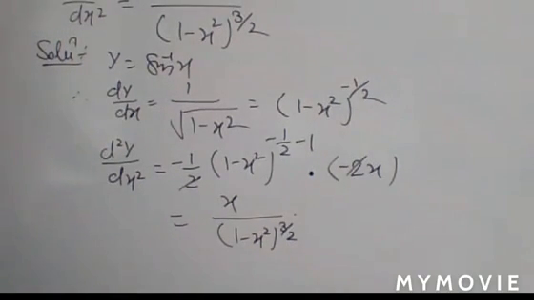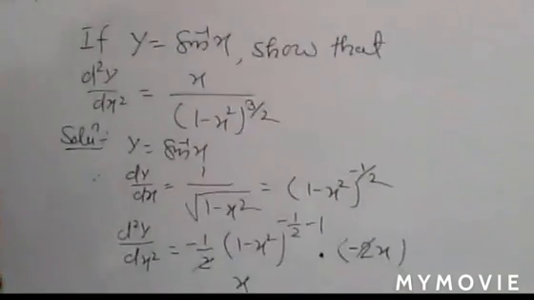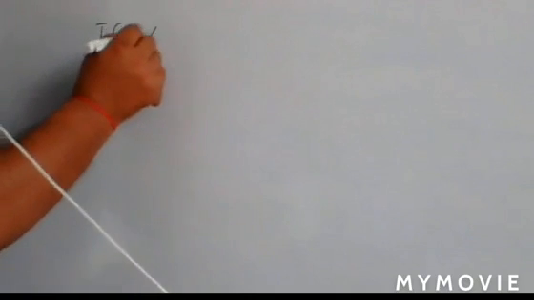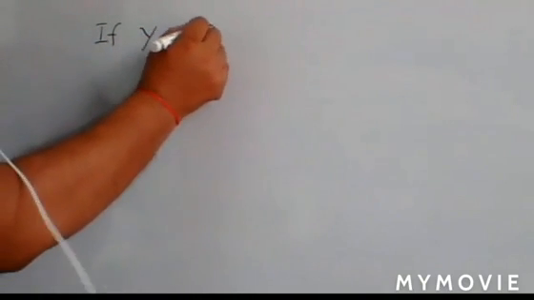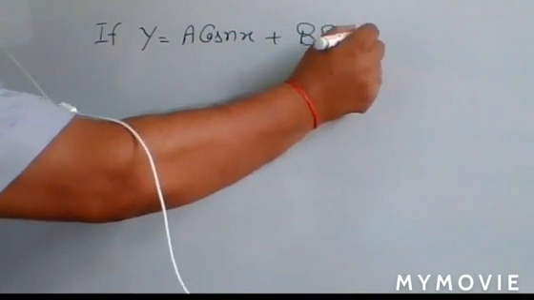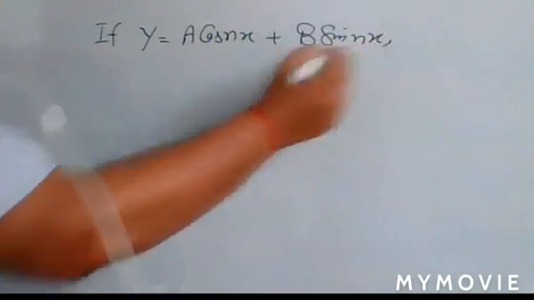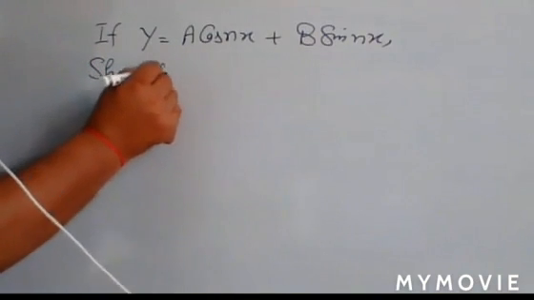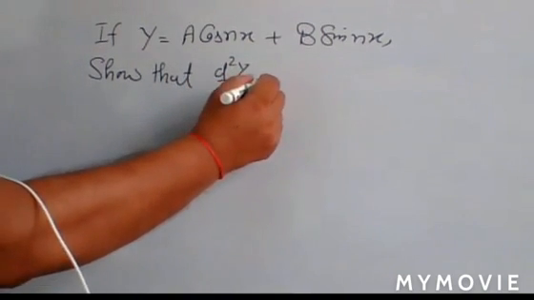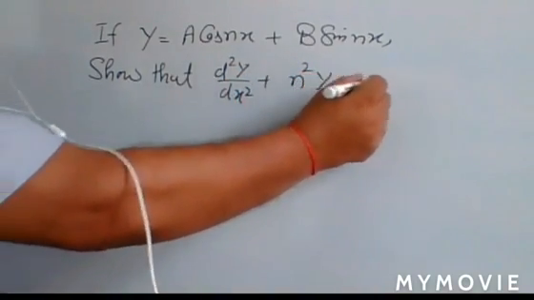In the same way, here you have a question which was asked in 2001. If y is equal to a cos nx plus b sin nx, so that d2y by dx2 plus n square y is equal to 0.